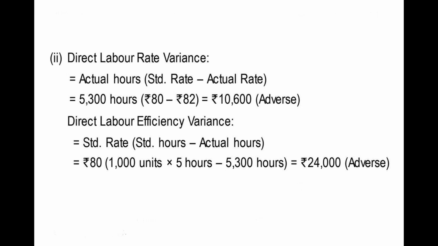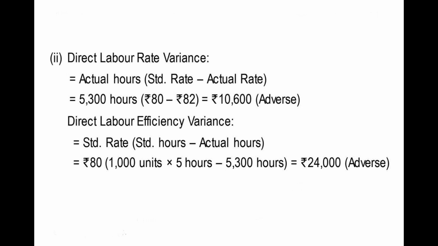The formula is standard rate into open the bracket standard hours minus actual hours. Standard rate is given in the problem as 80. Standard hours is not given in the problem directly but indirect information is given.